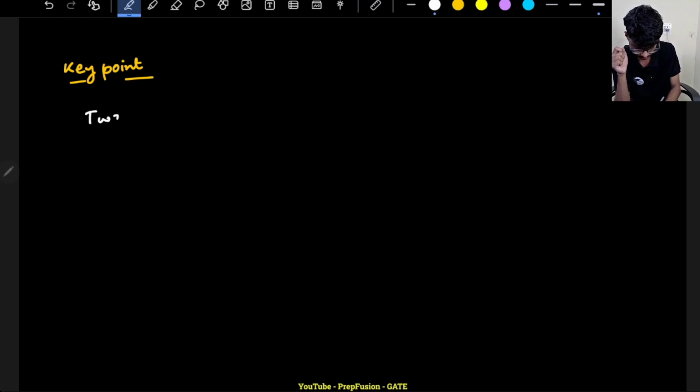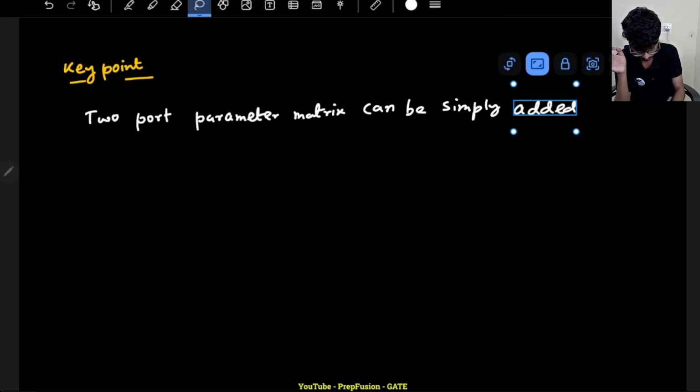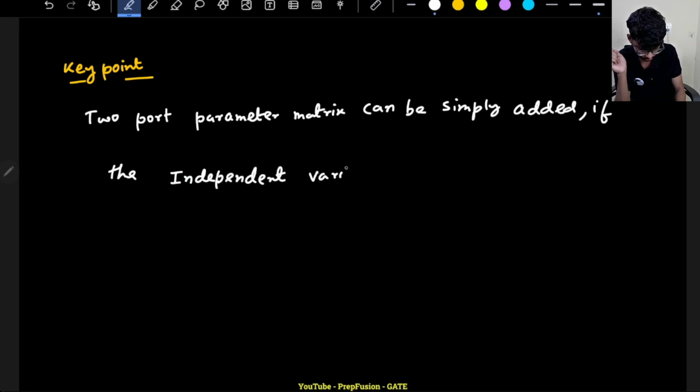The two-port network parameter matrices can be simply added if the independent variables are the same in both the networks. What do I mean by it? Both the networks.